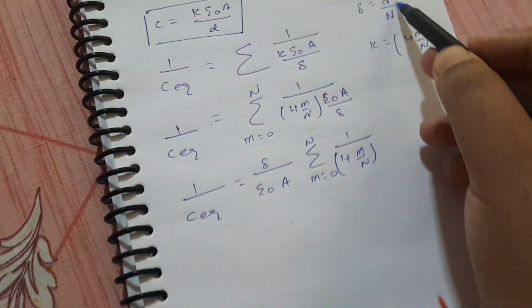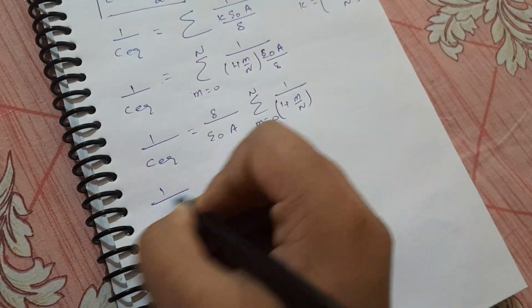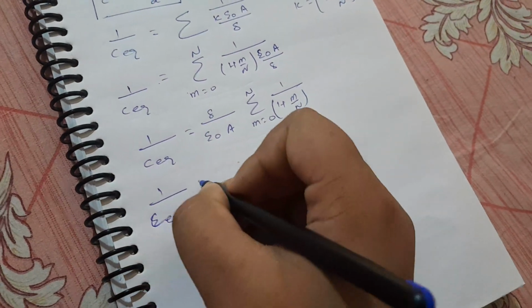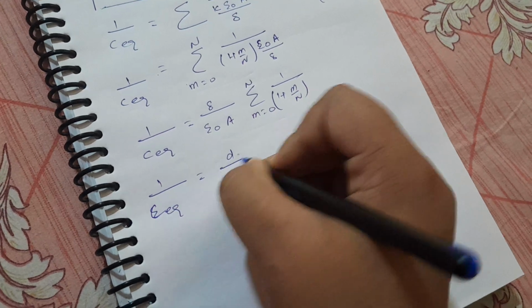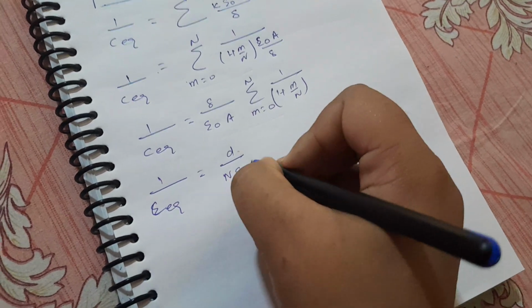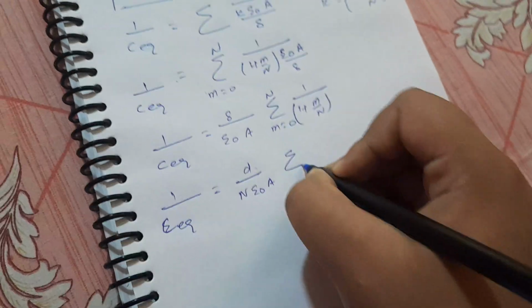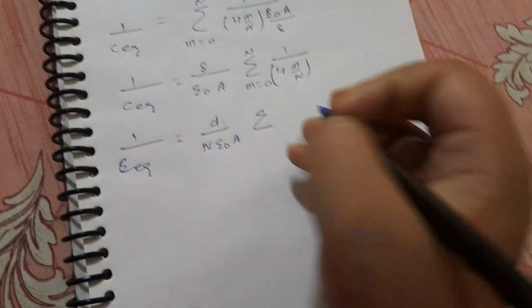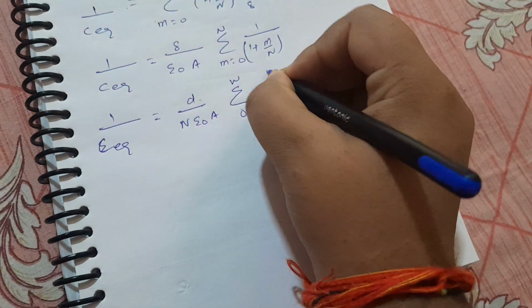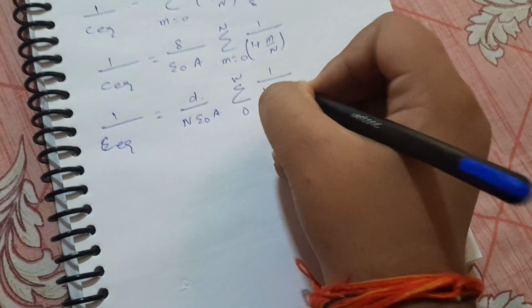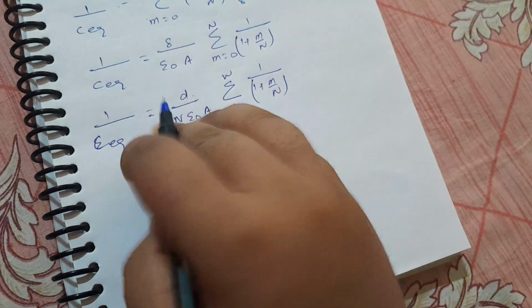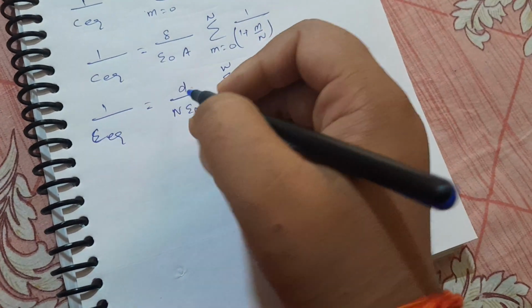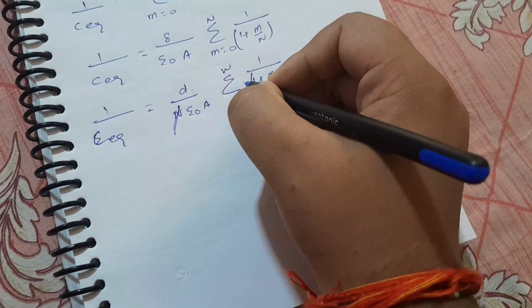Here delta is D by N, and hence we will write it as D by N. C equivalent is equal to D by N epsilon naught A, and the summation 0 to N of 1 by (1 plus M by N). We will take N inside the sigma, as N is constant, so we can write it as 1 by N in the sigma.